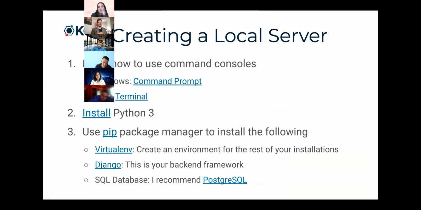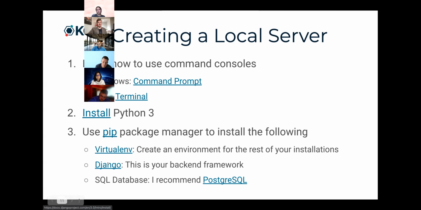It depends on what your computer is, what you've already got installed on it, and so on and so forth. But I've included a bunch of links here so that you can figure out how to use your command prompt, use your terminal, install Python 3 if you want to use Python, and use certain package managers in order to download all of the frameworks and environments that you need.